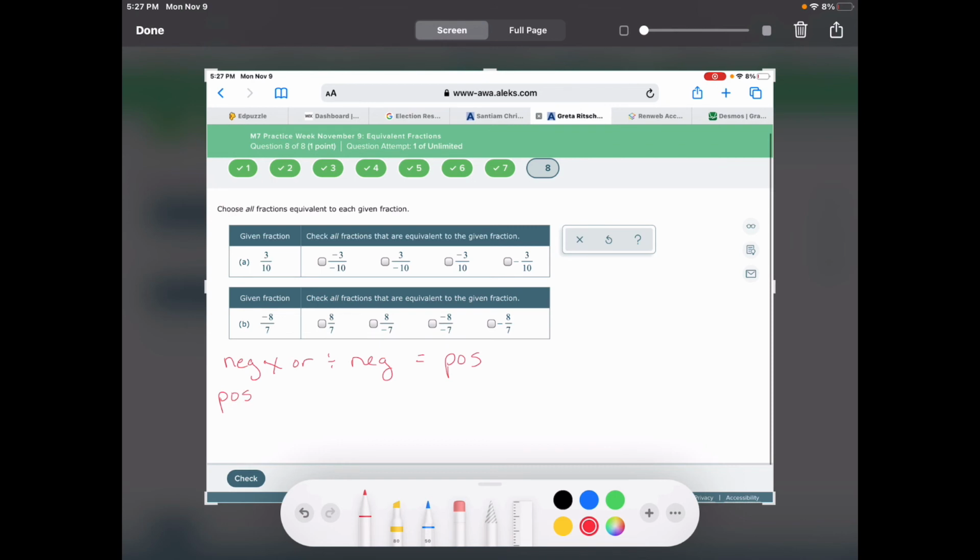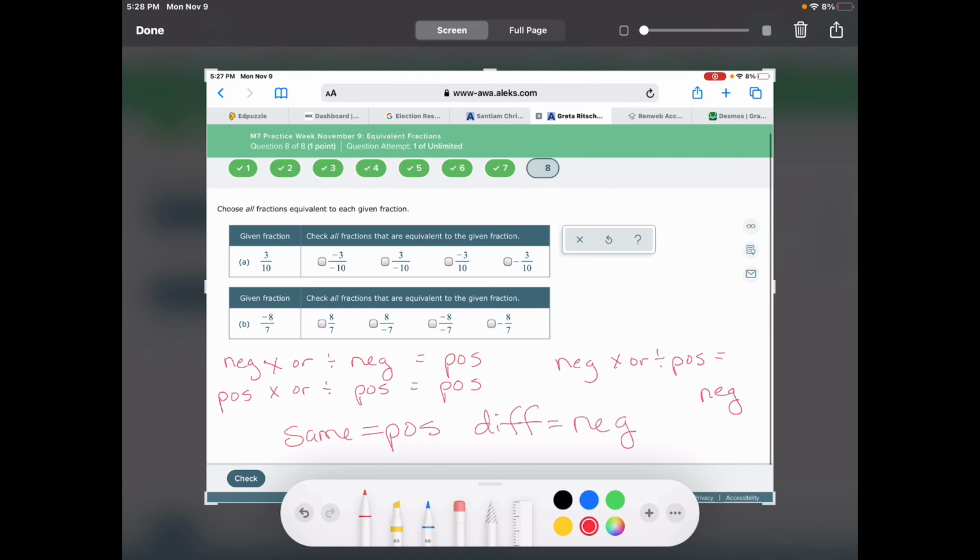Positive times or divided by a positive is a positive. Negative times or divided by a positive is a negative, and the same way around, positive times or divided by a negative is also going to be a negative. So same is positive, different is negative.